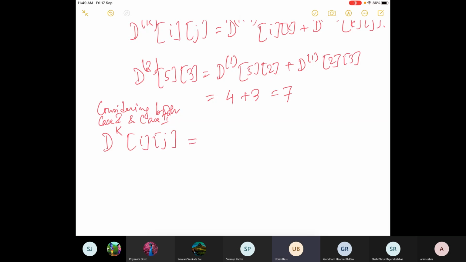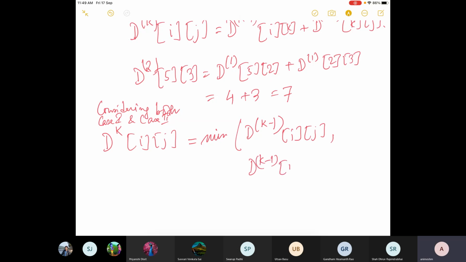Minimum of case 1 and case 2: dk minus 1 ij, comma, dk minus 1 ik plus dk minus 1 kj.